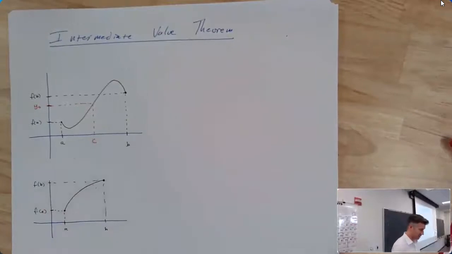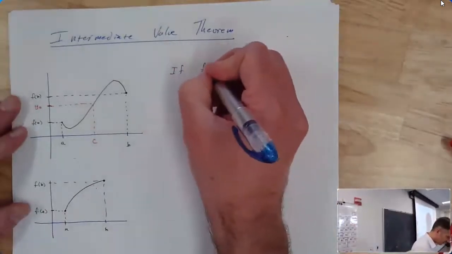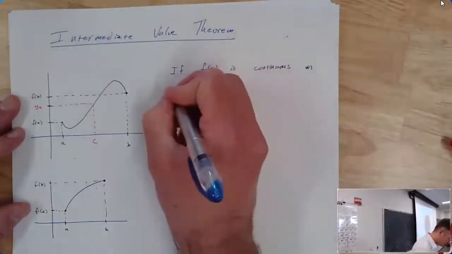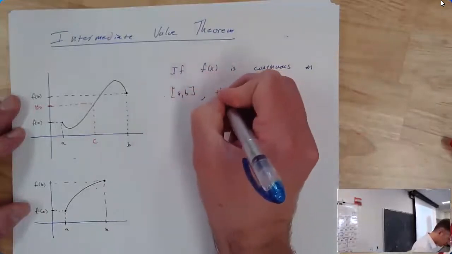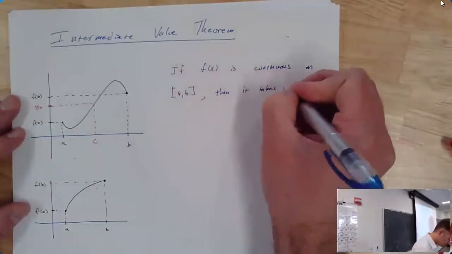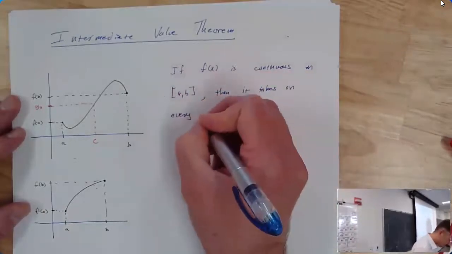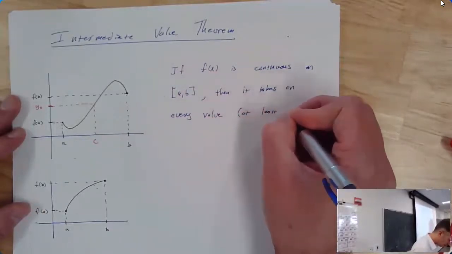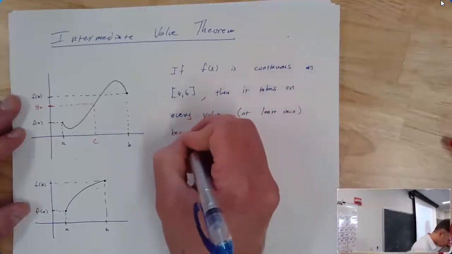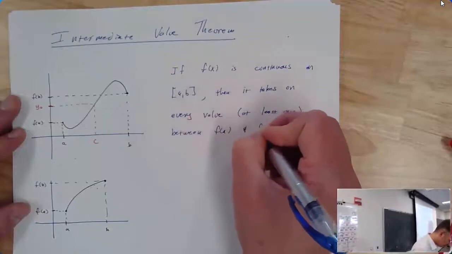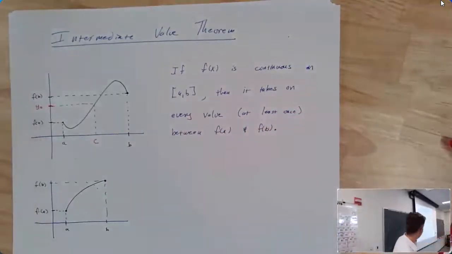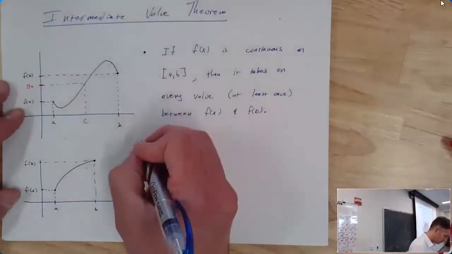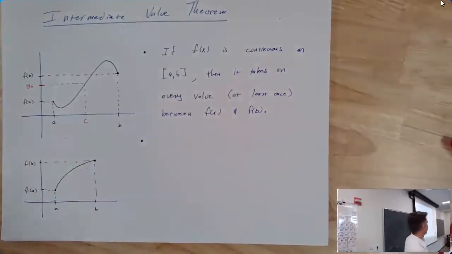So here's what the intermediate value theorem says. If f of x is continuous on the closed interval AB, then it takes on every value at least once, maybe more than once, at least once, between f of A and f of B. Written a little more mathematically, this is the nicer way of saying it.